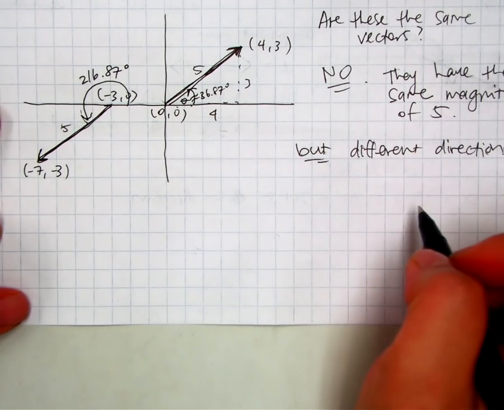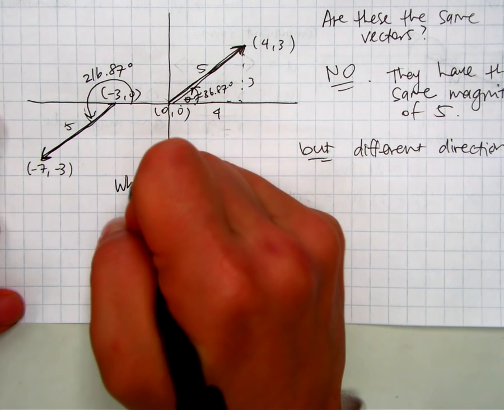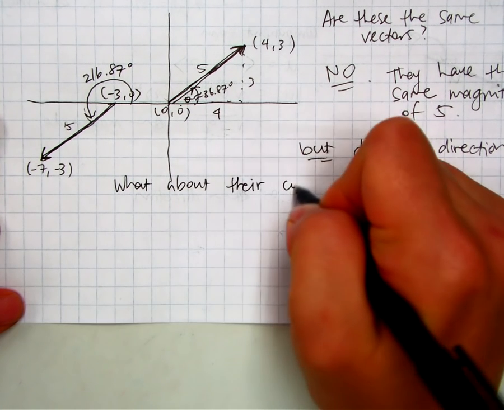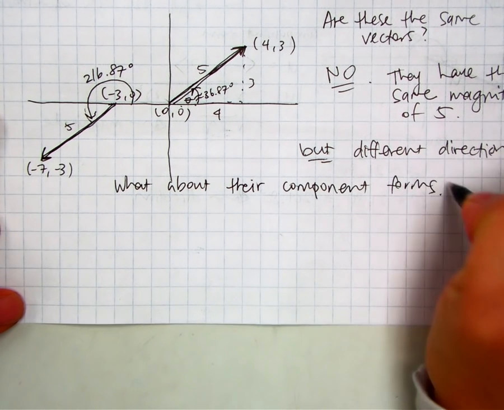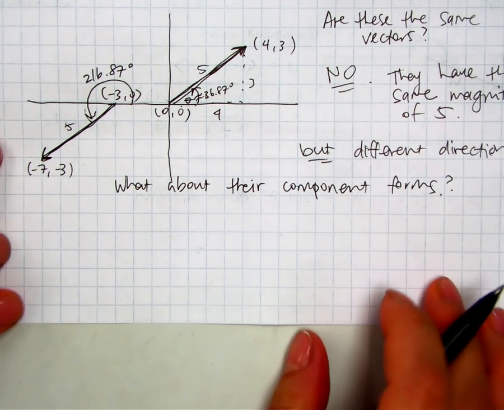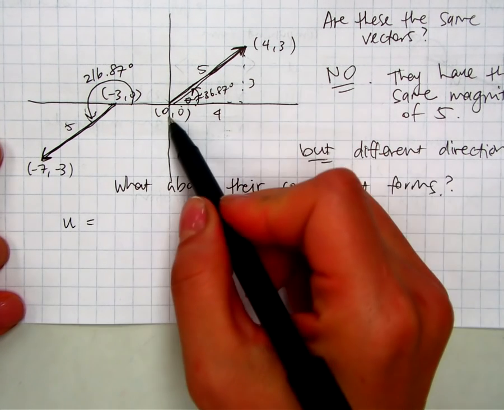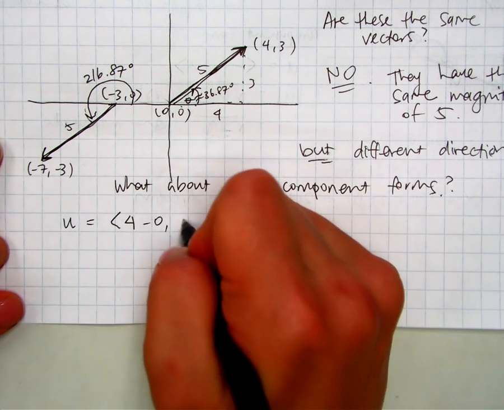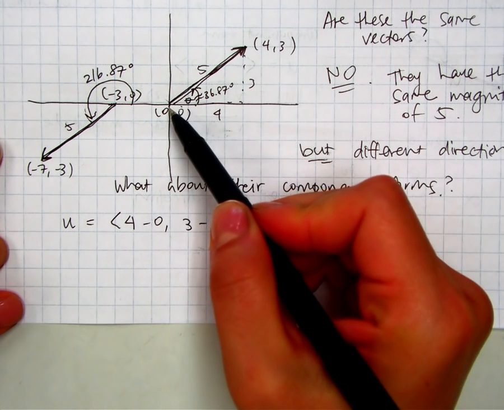Now to prove this, one way to prove this is to show their component forms. What about their component forms? Are they the same? Well, for vector u, it's still 4 minus 0, 3 minus 0. It's the endpoint minus the beginning.